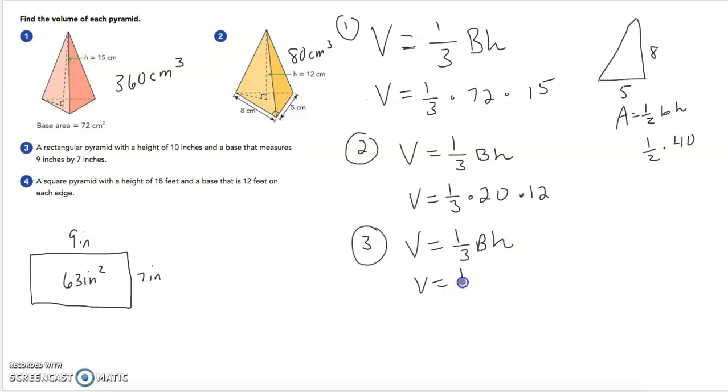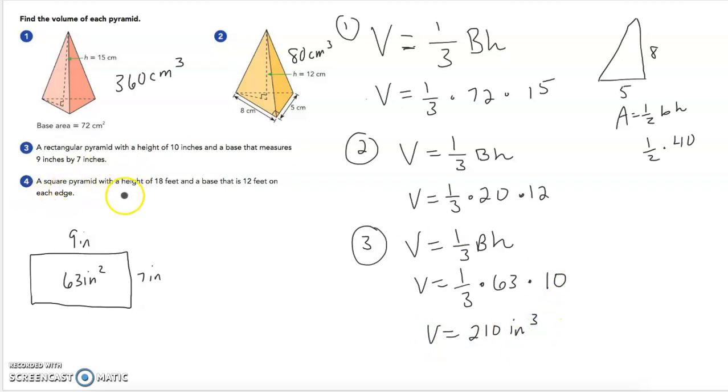So we have volume is equal to 1/3 times 63, because that's the area of the base, times the height, which we know is 10. 1/3 of 63 is 21, and 21 times 10 is 210. So volume equals 210 inches cubed.